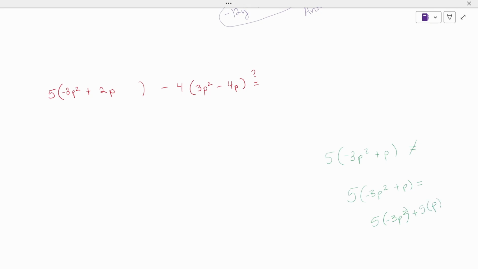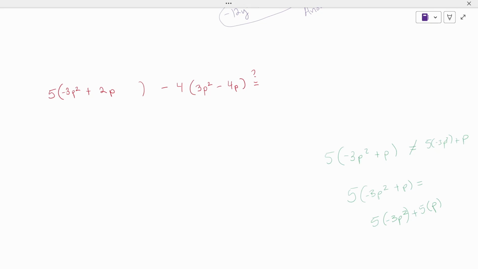Believe me when I say this, I have students in the intermediate algebra course who make this mistake, who can't do distribution correctly.